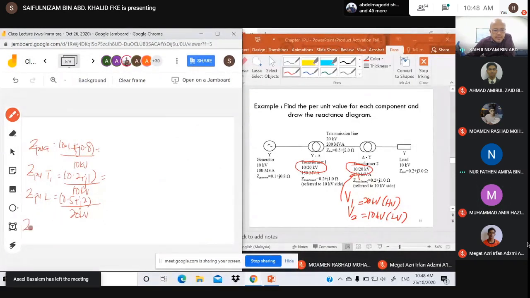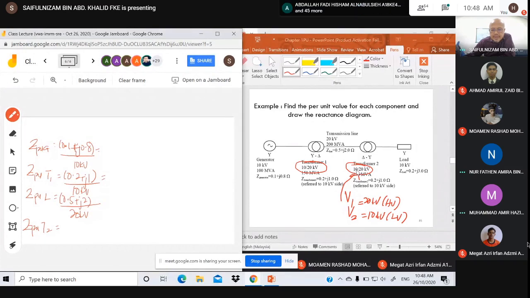And then ZPU T2. It's also given the impedance referred to 10 kV. In this case, 10 kV is at the primary or secondary? Secondary.